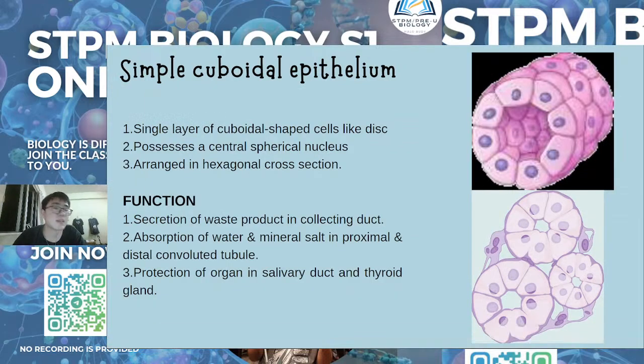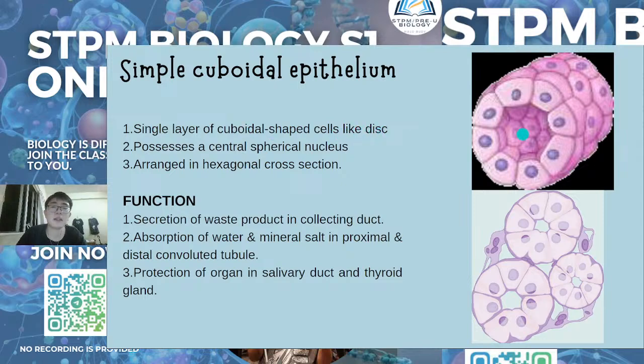Okay, next is simple cuboidal epithelium. You see the structure is more like a circular shape. Actually, this one is also a single layer of cuboidal shaped cells like this.